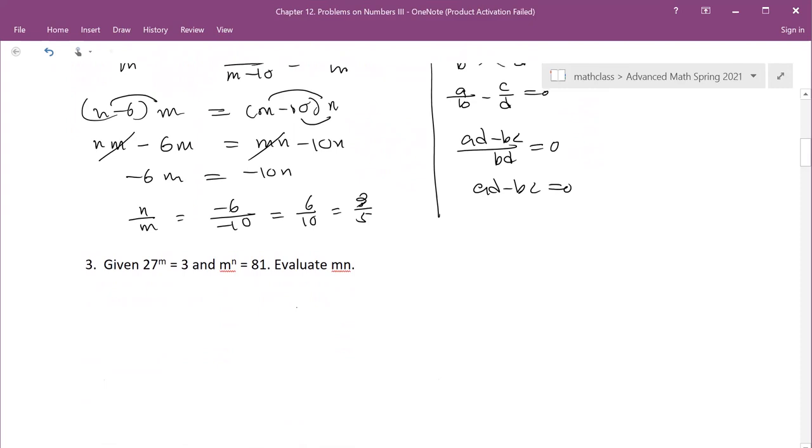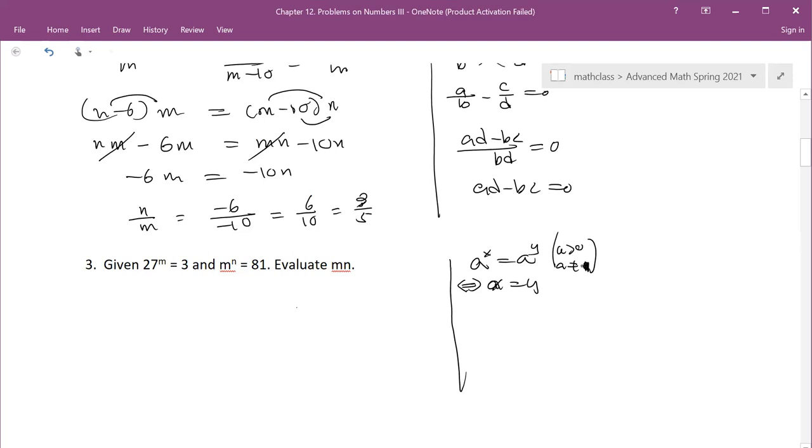Before I solve this problem, let's talk about exponents, right? If you have an equation a to the x equals a to the y, that equation can be simplified to x equals y. Of course, here a should be positive, a cannot be 0, and cannot be 1. Otherwise, you don't have this.